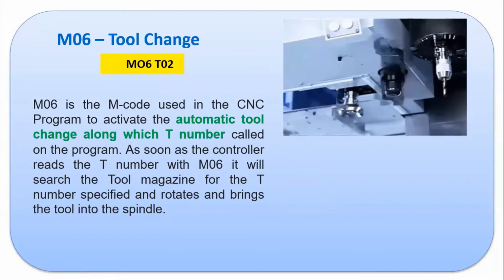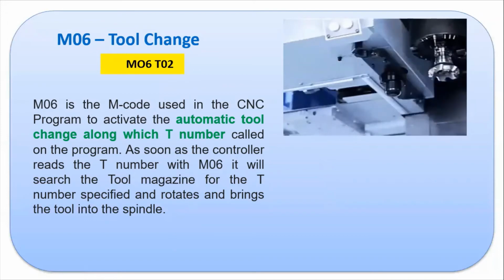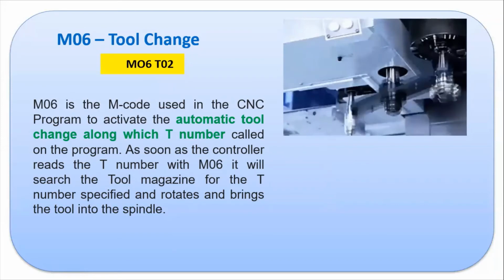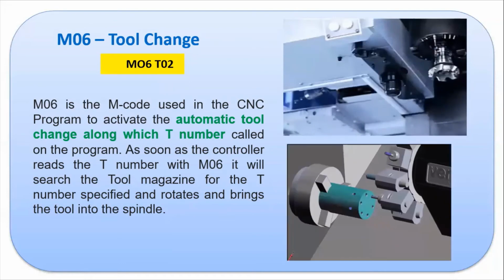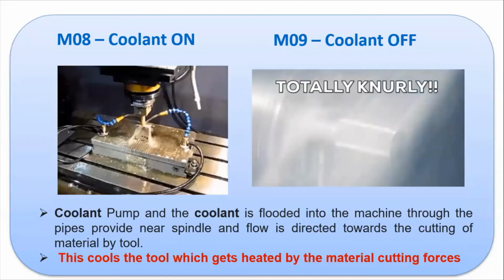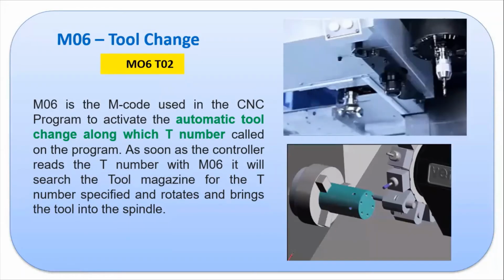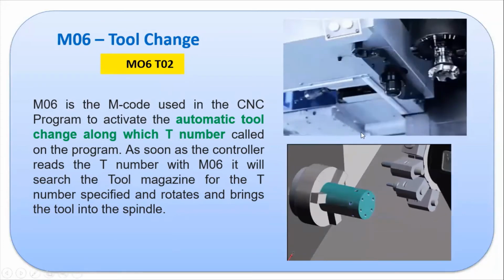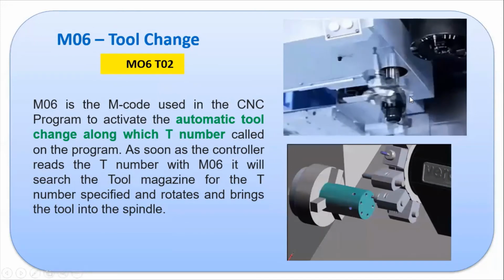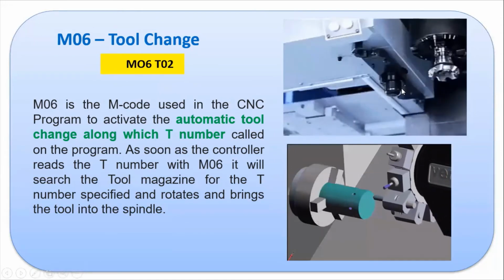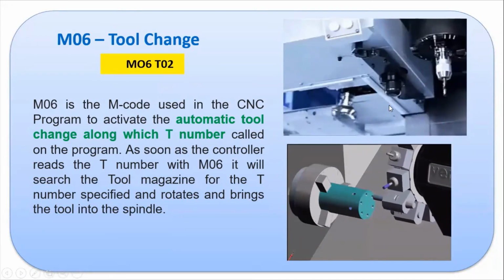So as soon as the controller reads the T number with the M06, it will search the tool magazine for the T number which is specified, and rotate and bring the tool into the spindle. So even if you see here also, the tool automatically gets changed by the ATC as per the tool number which we are giving.